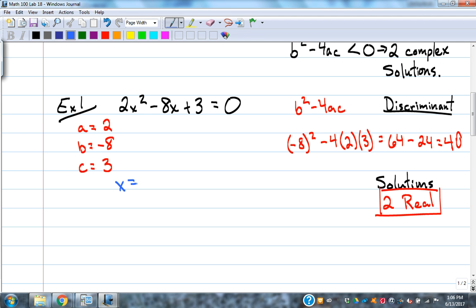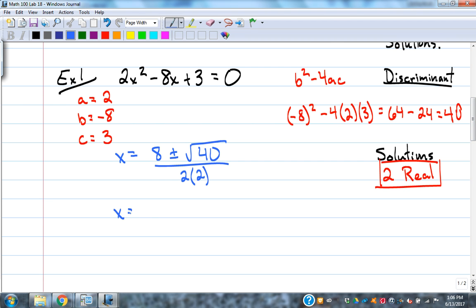So x equals negative b, so that's the opposite of negative 8, so 8, plus or minus the square root of the discriminant, which we've already found to be 40, divided by 2 times a, and a is 2 in this case. We want to simplify this as much as possible.